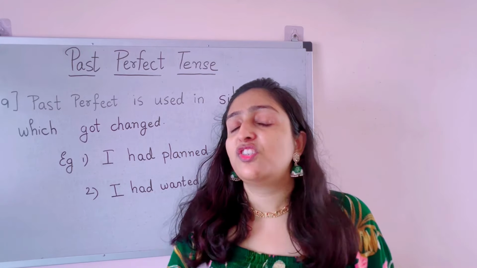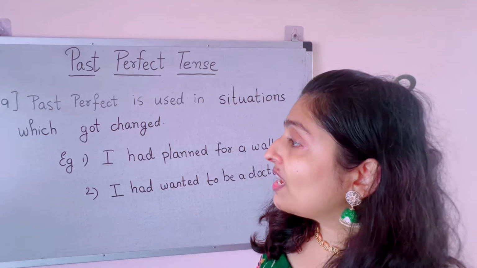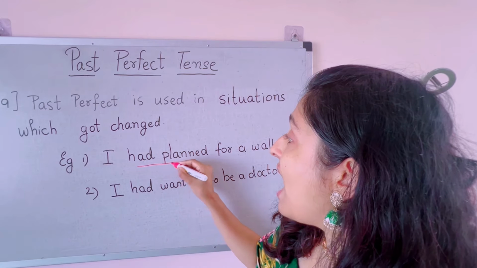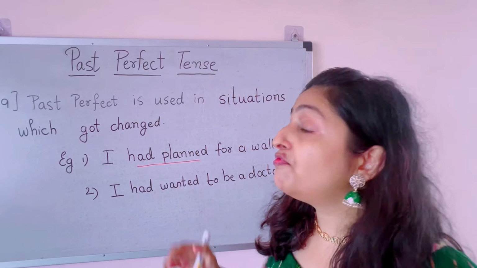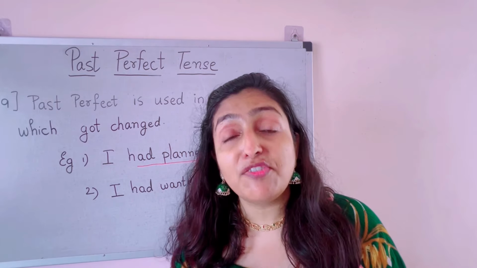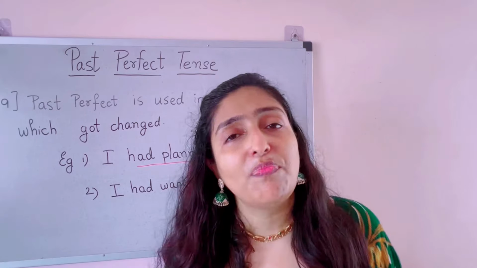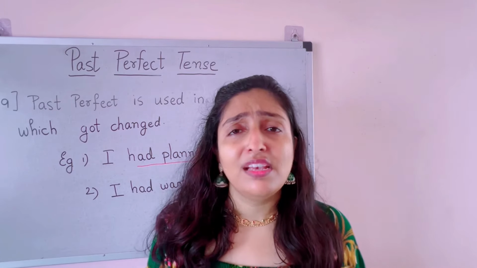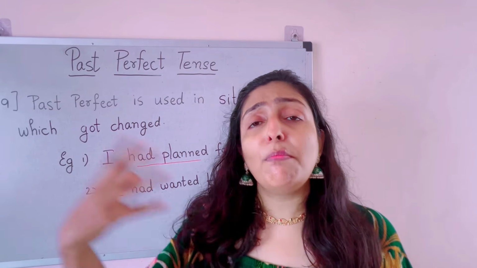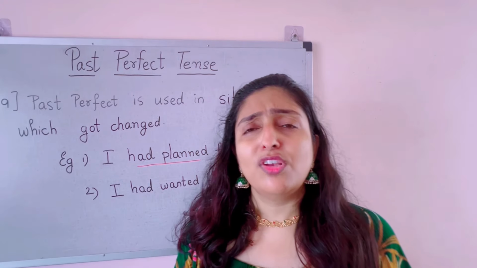In such situations, we use past perfect. Example 1, I had planned for a walk. Just when I planned for a walk, it started raining cats and dogs. It started raining heavily.